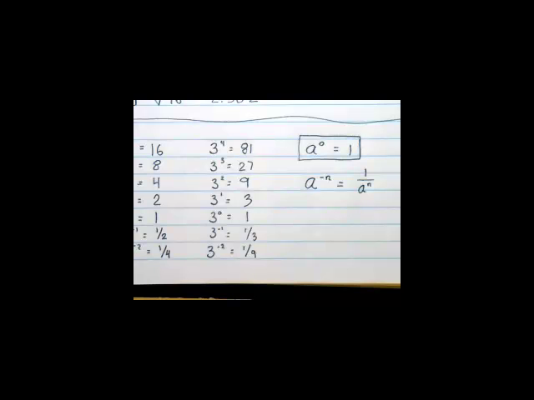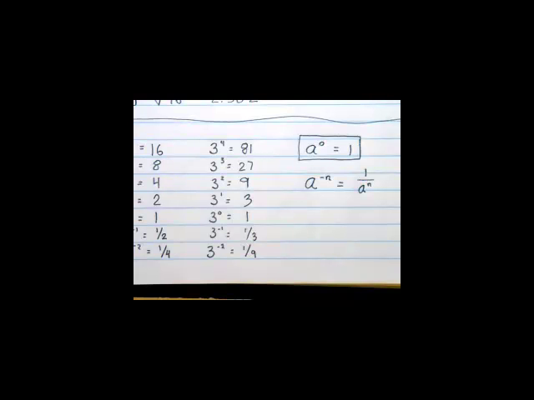Well, it's a to the negative n equals 1 over a to the n. So, like, 3 to the negative 2 is the same thing as 3 squared, except it's a fraction of it, right? This 9 is a to the n. This is 1 over that. 1 over a to the n.